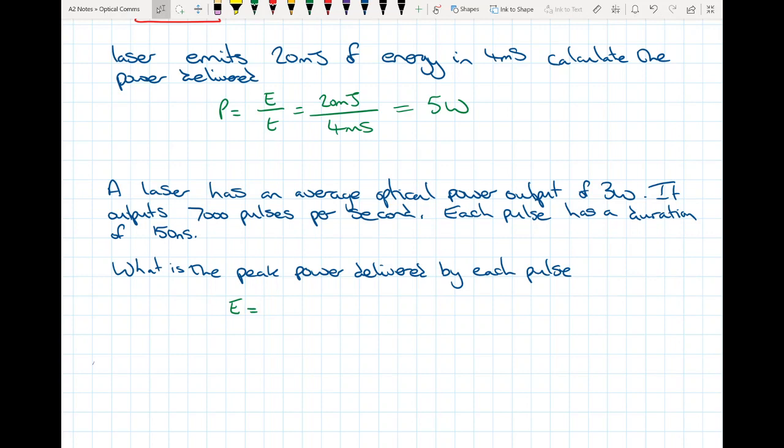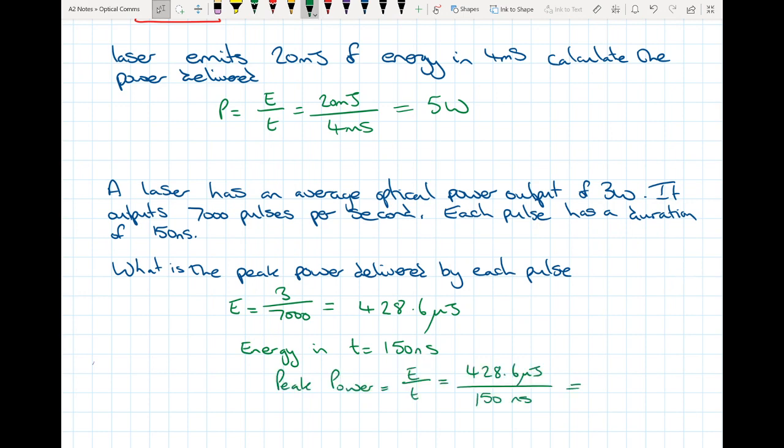The energy for each pulse: we've got 3 watts of energy, and we've got 7,000 pulses. Therefore each pulse has 428.6 microjoules of energy. We then look at how much power is delivered in 150 nanoseconds. We have 2.86 kilowatts.